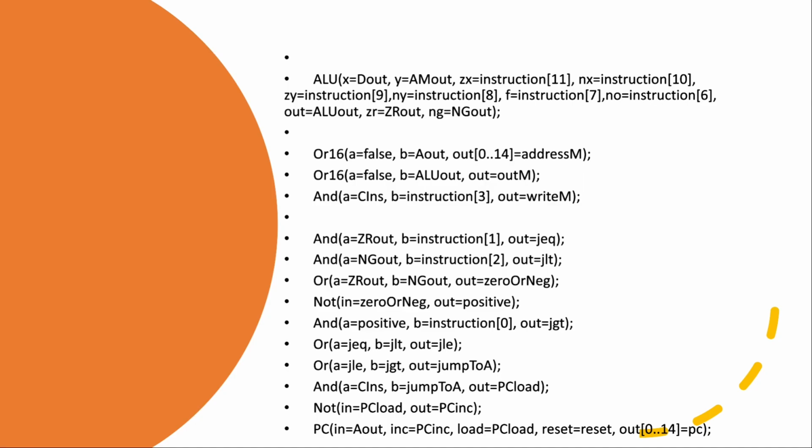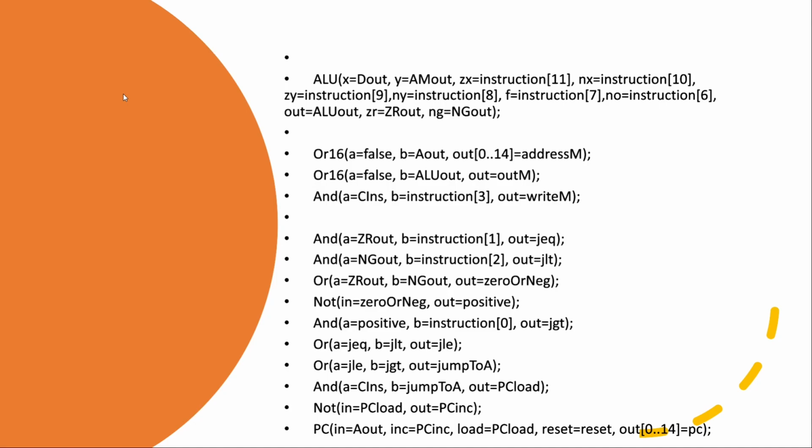Next, two AND gates are used to specify JEQ and JLT for our PC. After that, we will specify JGT using OR, NOT and AND gate. Load bits for our PC is determined by jump bits and ALU output to see if conditions are met.